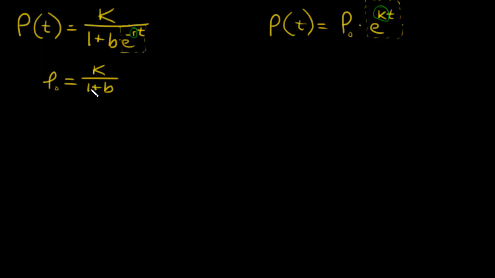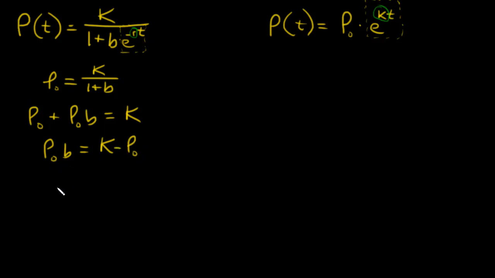By doing that, it's going to let us solve for our B so that we can then use it in this expression. The first thing we'll do is cross multiply and get P naught plus P naught B is equal to K. Then we subtract P naught from both sides and get P naught B is equal to K minus P naught.